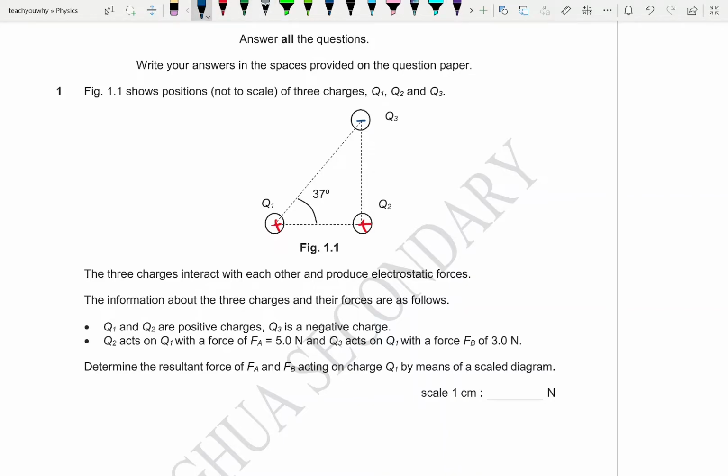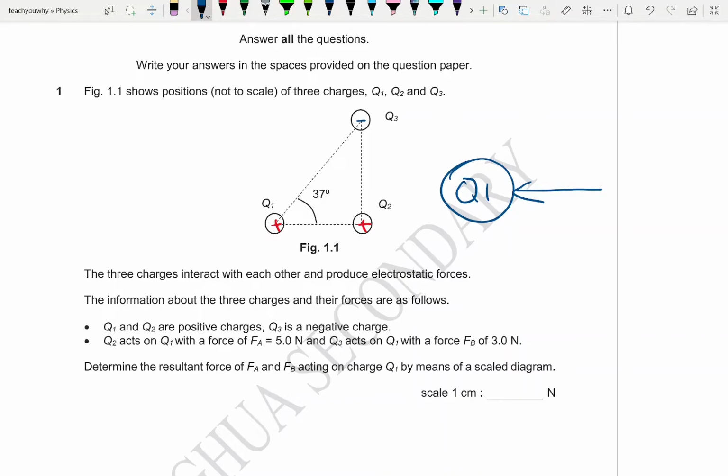Okay, so before we go on further, let's understand how the charges are interacting with each other. So we need to understand that Q1 and Q2 will repel each other, which means to say, if you are Q1, you will experience a force this way due to Q2.